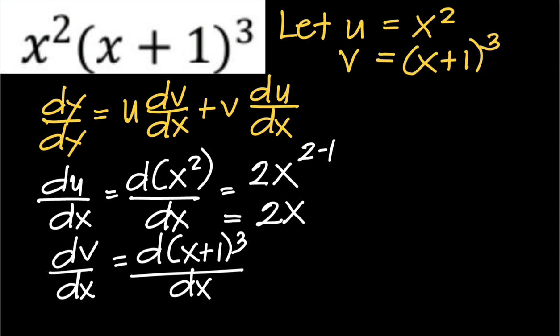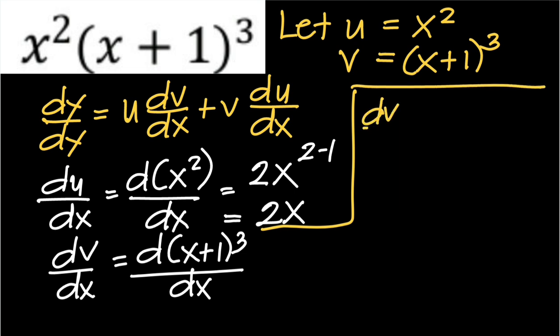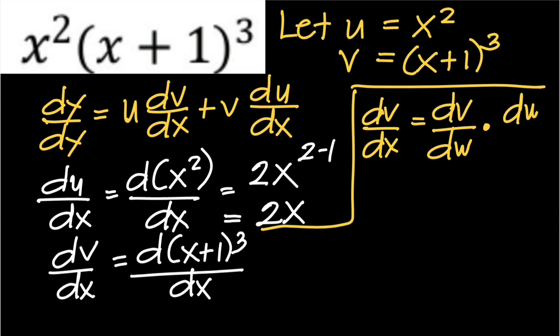So using the chain rule, the derivative of v with respect to x is equal to the derivative of v with respect to w times the derivative of w with respect to x, where we let w be x plus 1.